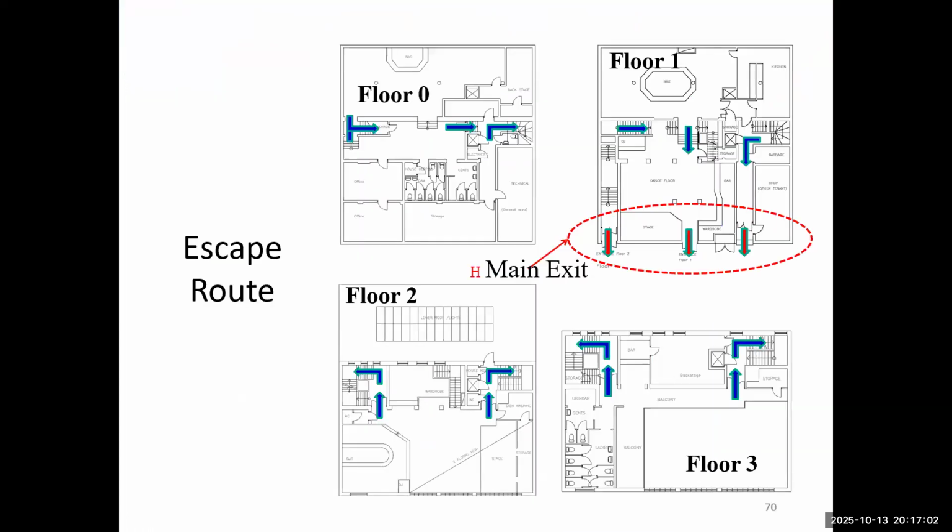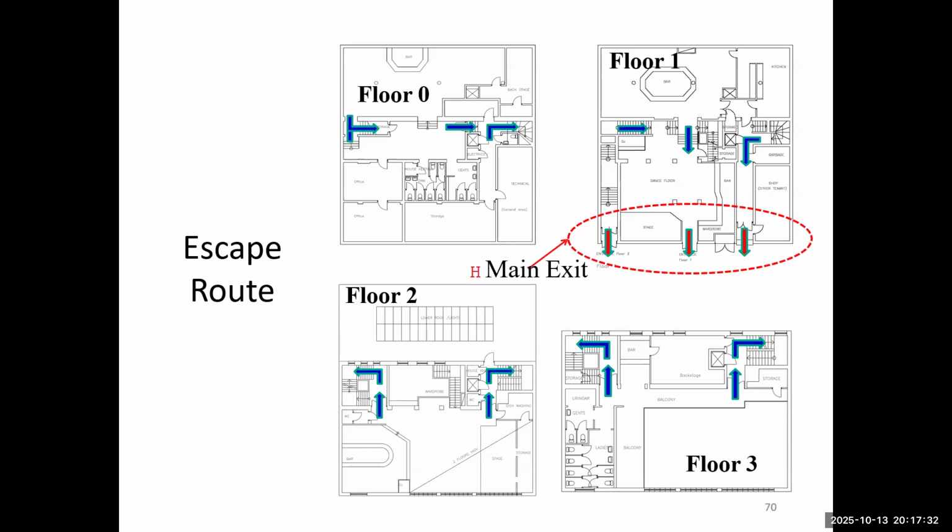And this is our escape routes. The escape routes for floor 0, floor 1, floor 2, and floor 3 are shown here. But we should note that the main exit is on floor 1, and the main exit is here. The main exit location is very critical for ensuring occupant safety in the whole building.